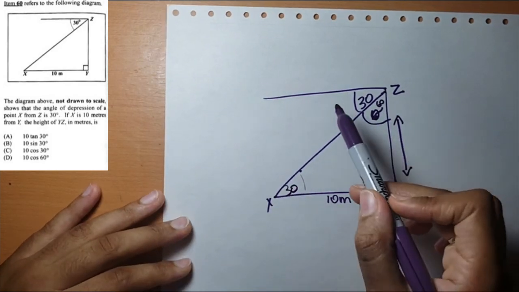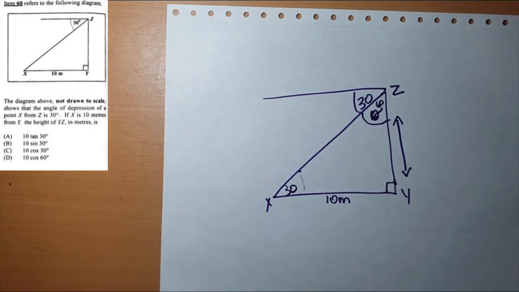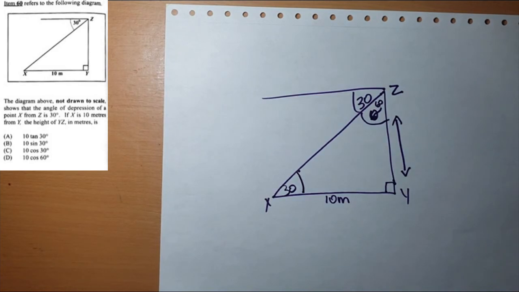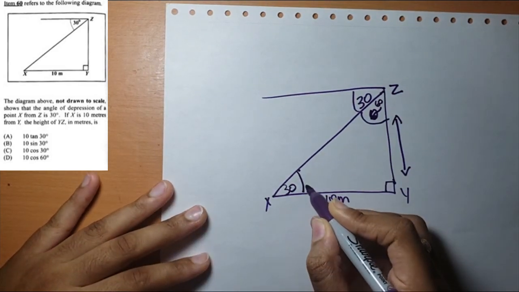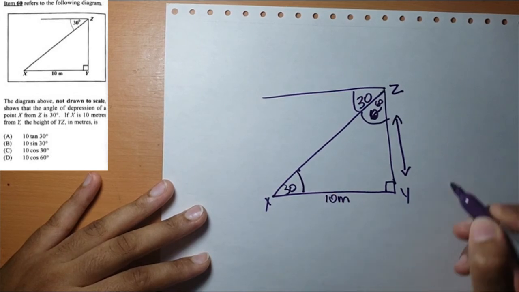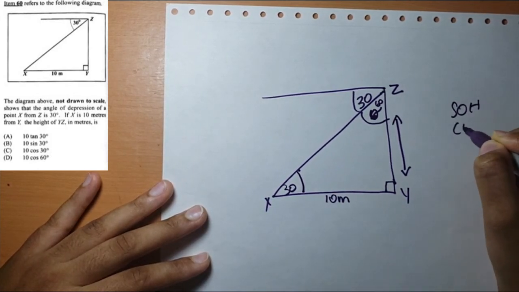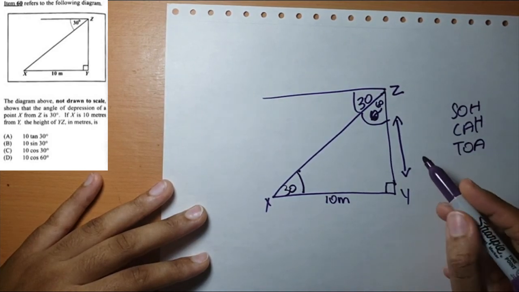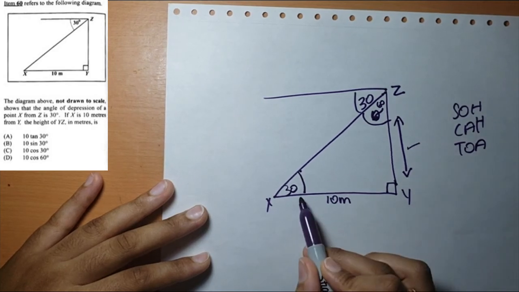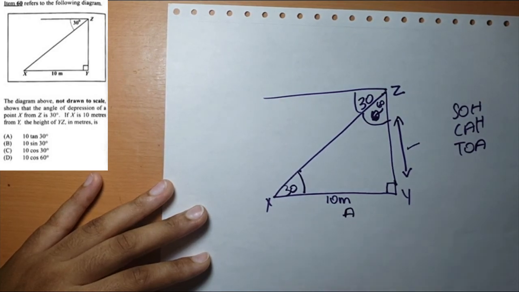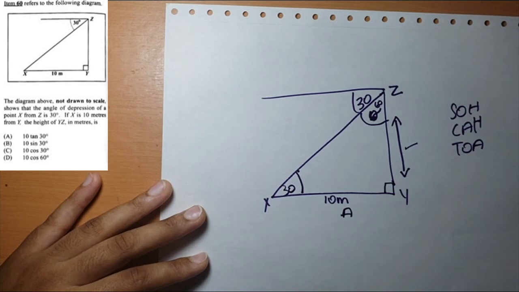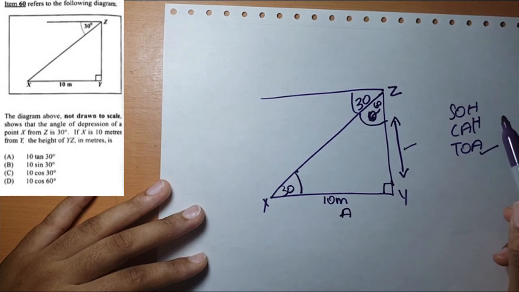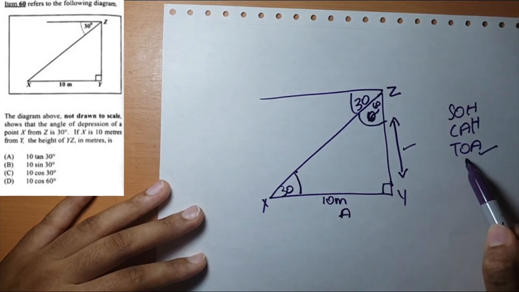Or you can say for the Z angle, the alternate angles would be equal. So that is how you could also get the 30. Now, this is the angle that we're paying attention to. So we all remember SOH CAH TOA, right? So what we need is the opposite from the angle. What we have is the adjacent, right? So now we're going to take TOA. Why? Because this is the only one of these 3 formulas that takes into account what we need.